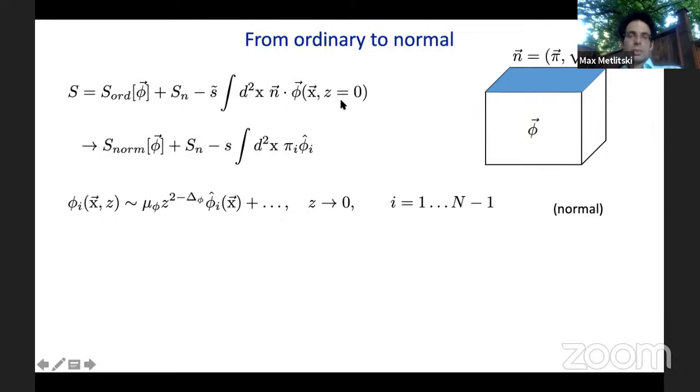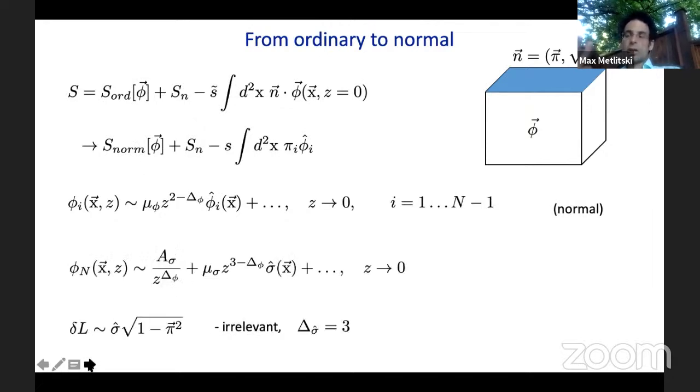Interestingly, we started with this action in the UV, which was ON invariant, but this action in the IR seemingly only has ON minus 1 invariance, right? Because we kind of started by breaking the symmetry by picking n to point along the North Pole. In particular, here we are coupling only the transverse components of n and the bulk field phi.